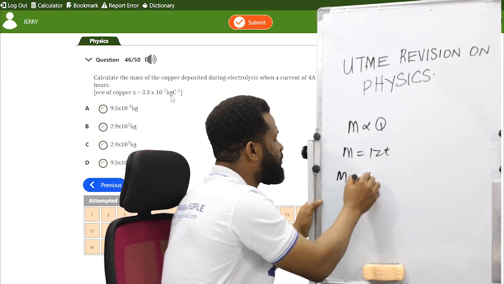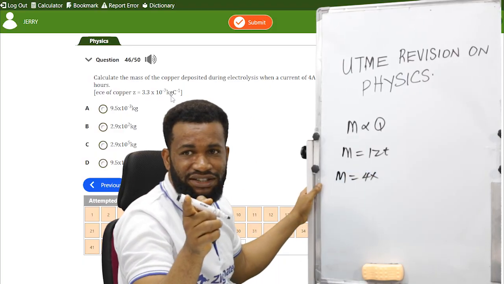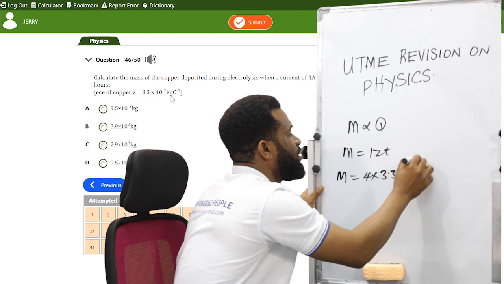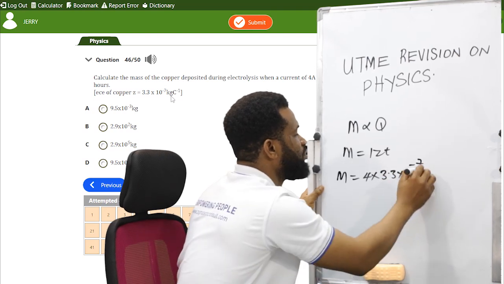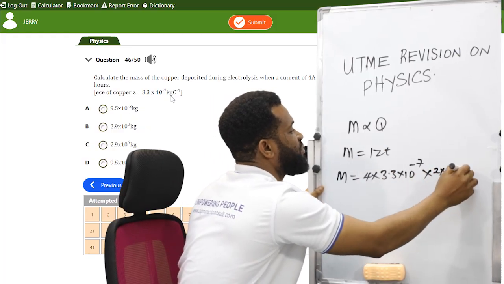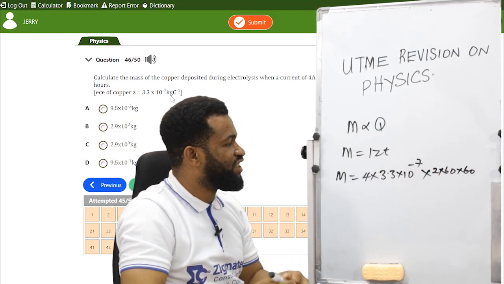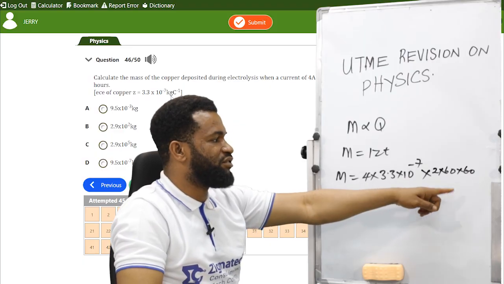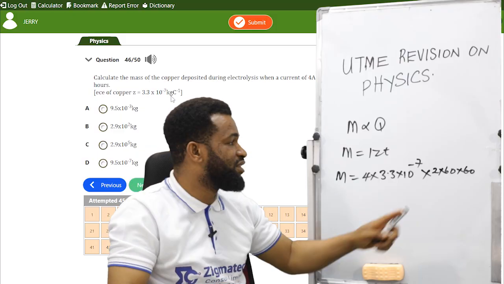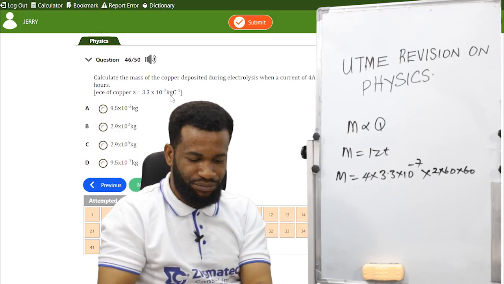So the mass is going to be 4 times Z, which is given as 3.3 times 10 raised to the minus 7 kilogram per coulomb, multiplied by the time, which is 2 times 60 times 60. Because it is in hours, to convert from hours to seconds, you multiply by 3600, which is 60 times 60.